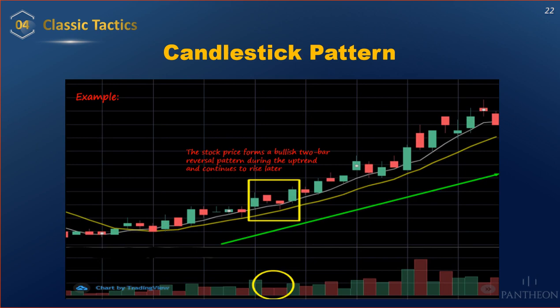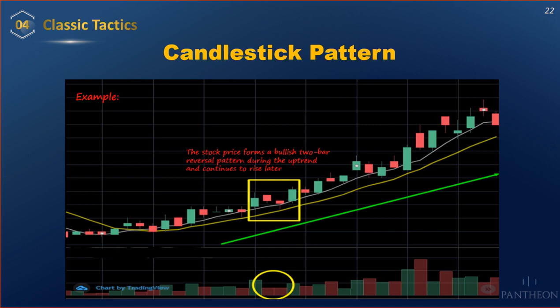As I mentioned, I always use charts, so let's take a look at the chart. The stock price is in an upward trend. After a short period of upward movement, it begins to experience a pullback. During this pullback, the volume accelerates and then diminishes.